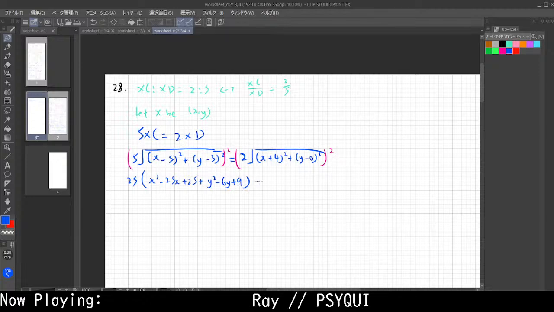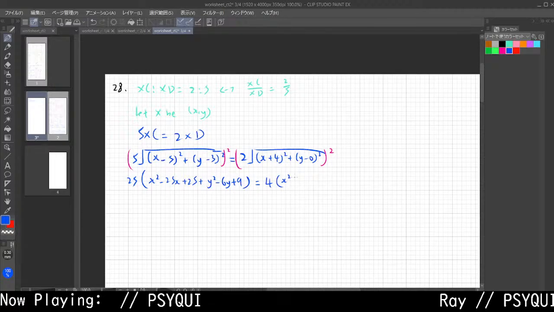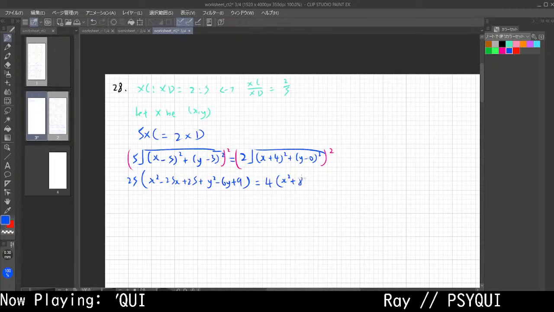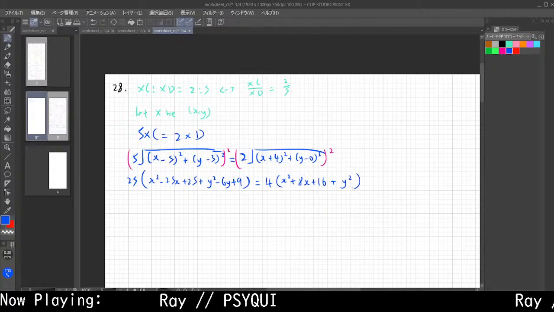Isn't that right? Okay, it isn't like that. Y minus 0 is just y, so it's just y squared.